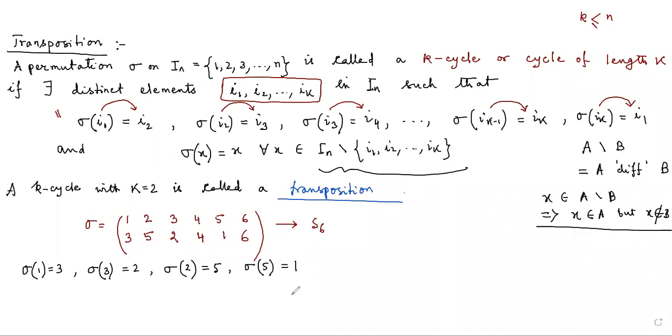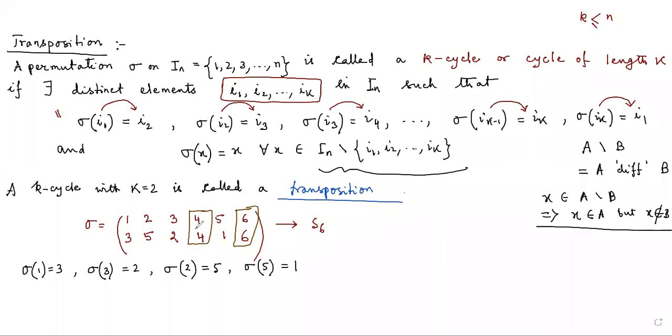Some other elements are present which have not been considered, since we have considered 1, 3, 2, 5. In this permutation there are 2 other elements, 4 and 6, whose image is the element itself.